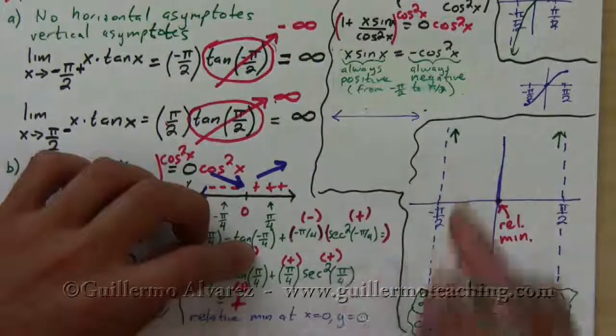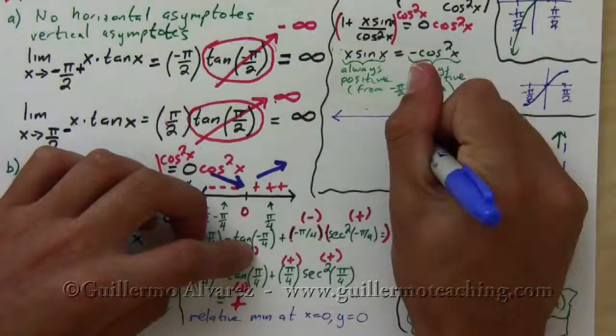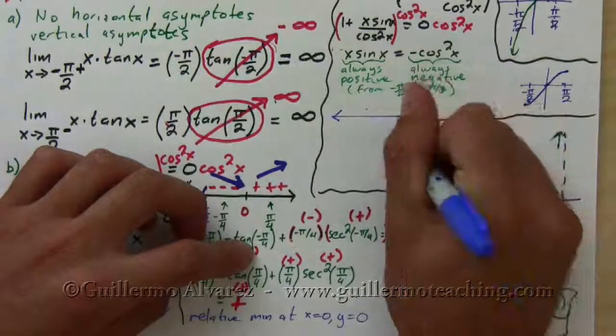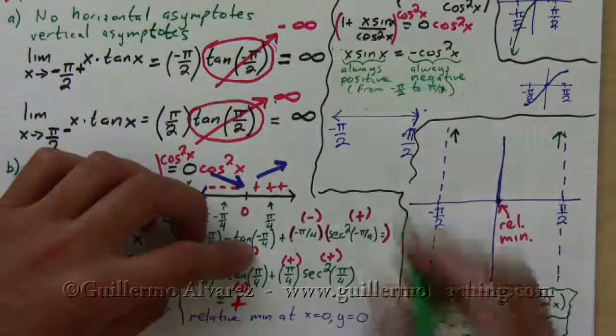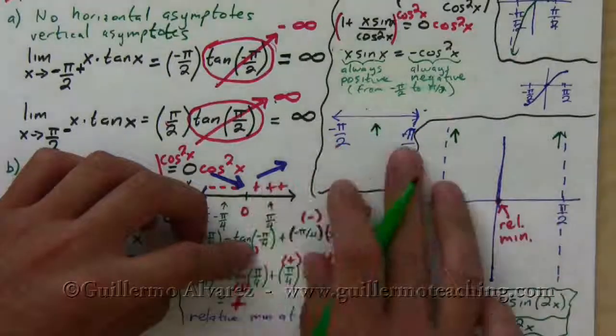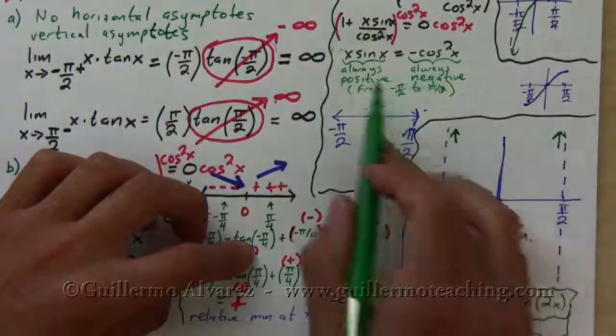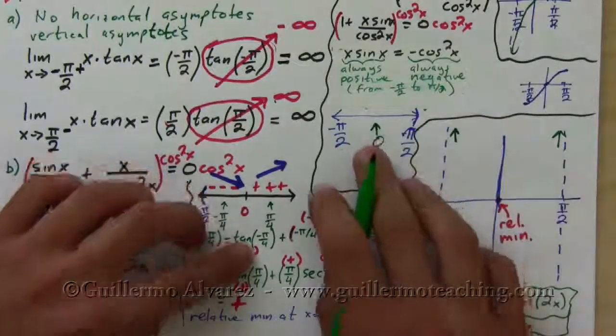And so when I make my number line here, I'm going to go from negative pi over 2 to pi over 2. My test point can basically be anything I want, because there's no possible change in concavity, since this doesn't have a solution. So the easiest thing to do is to just plug in 0.